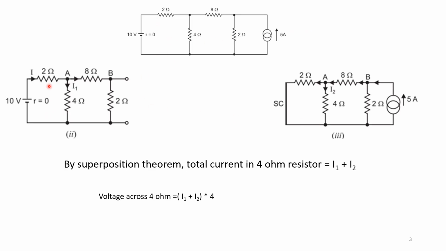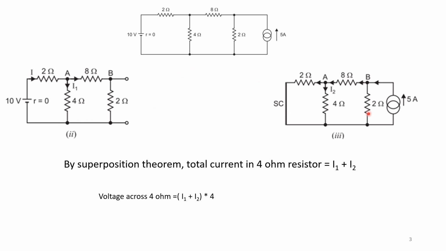I have taken the first figure. As per the rule, we have to open circuit the current source and find the current through the 4 ohm resistor. That is I1, when only the voltage source is acting alone. This I1 we have to find from the diagram.